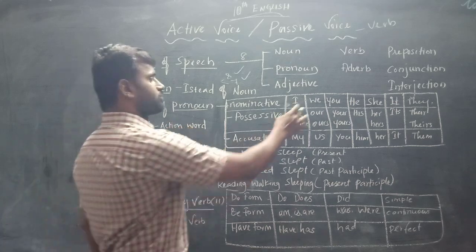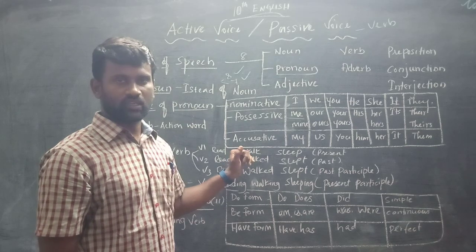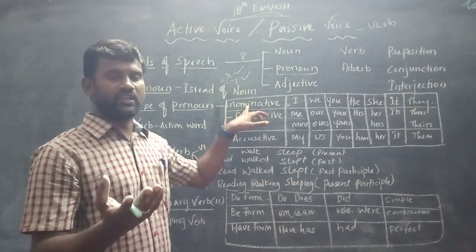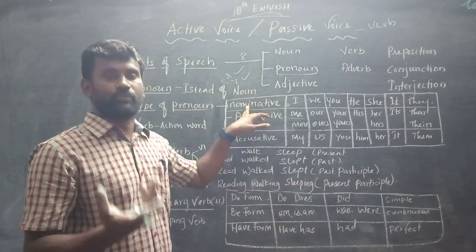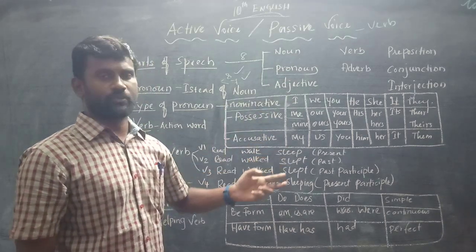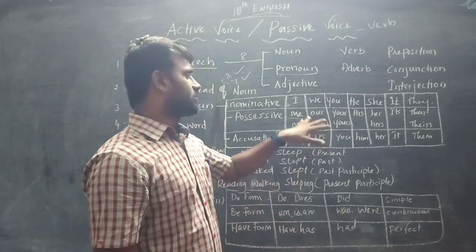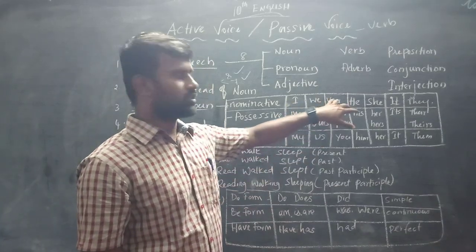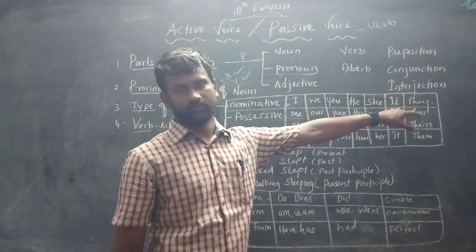These pronouns are divided into 2 parts. The nominative pronoun we can call a nominative pronoun, or else a personal pronoun. What are the nominative or personal pronouns? They are I, we, you, he, she, it and they.